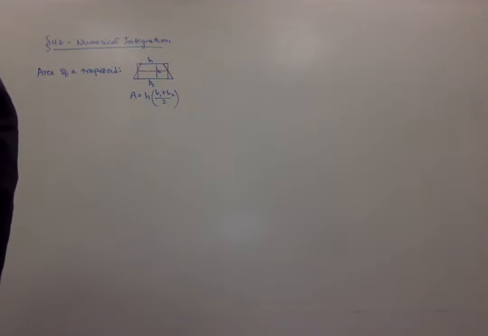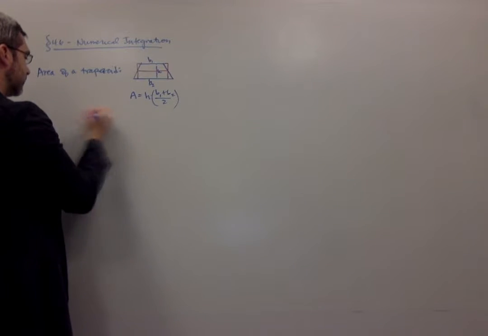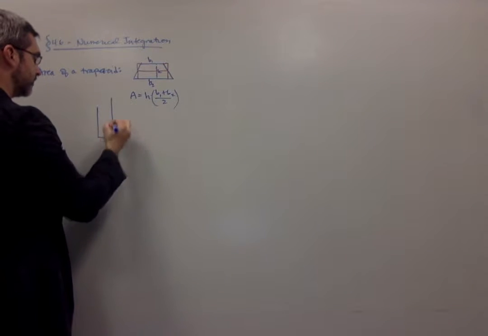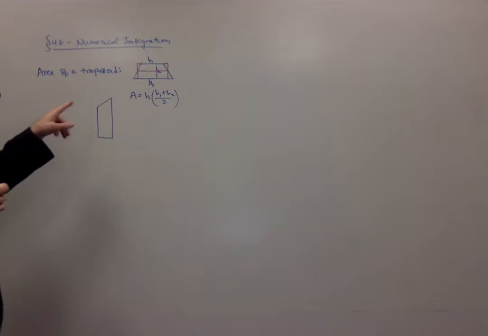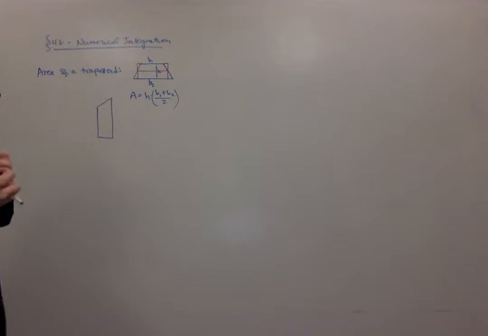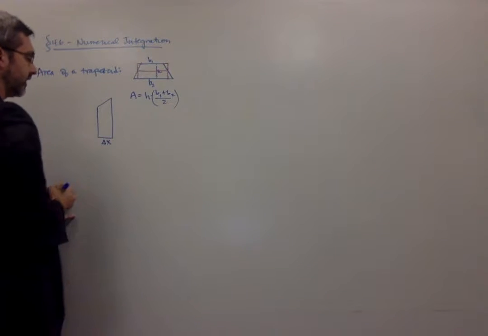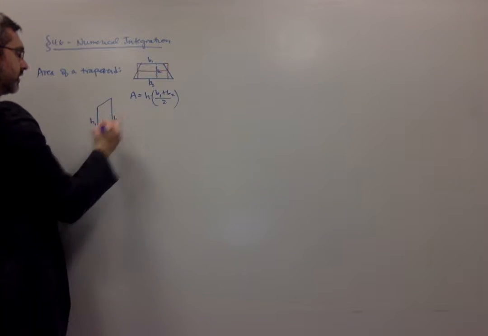Now you might think, why in the world are we talking about trapezoids? Well, let's do this in a different context where the trapezoid looks a little different, and then I want to show you how this connects to what we were talking about before. What if my trapezoid looked like this? So if I had, say, the bottom here was conspicuously called delta x, and I had a height h1 here and a height h2 here.